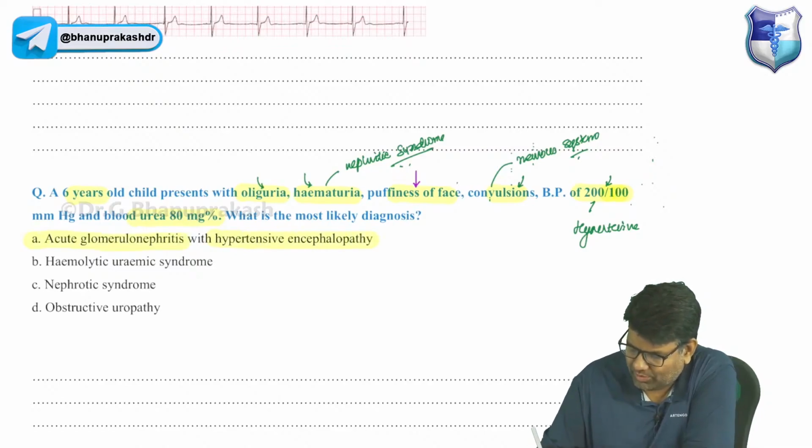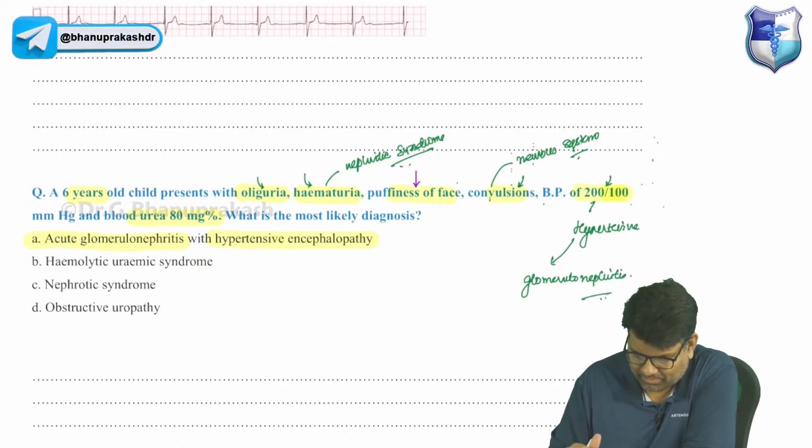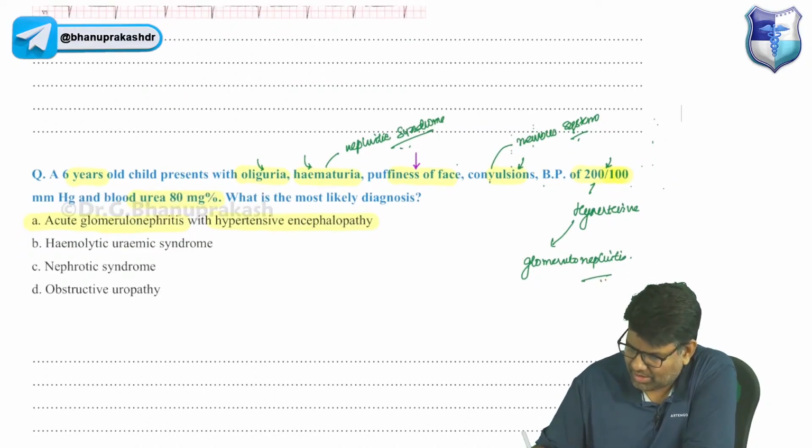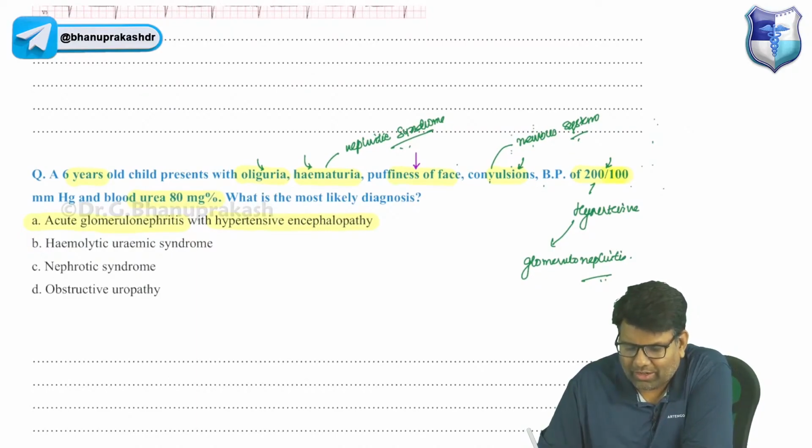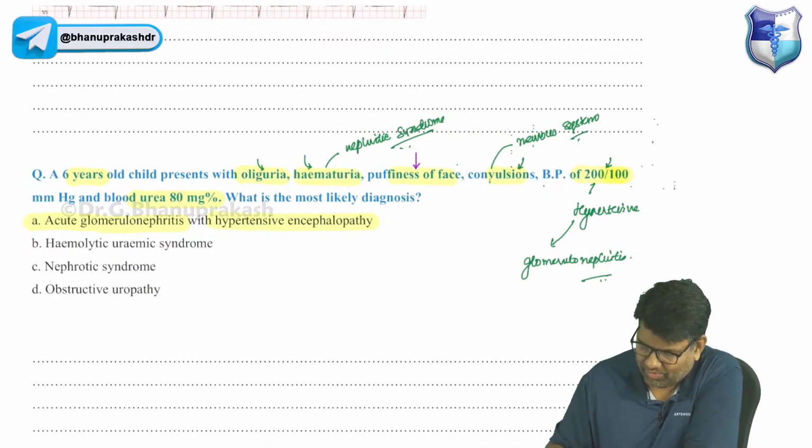Because hypertension, we know, is also a feature of glomerulonephritis. So this is a glomerulonephritis picture, which is going into encephalopathy.